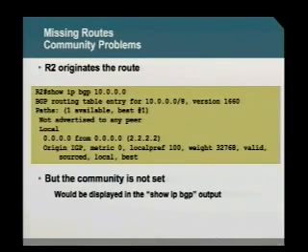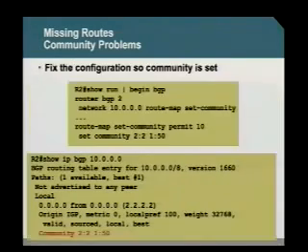If you're trying to announce a prefix and R1 has some community-based filters, or maybe R2 has some outbound community-based filters, well, if the community is not set, you're not going to be able to take advantage of those filters.